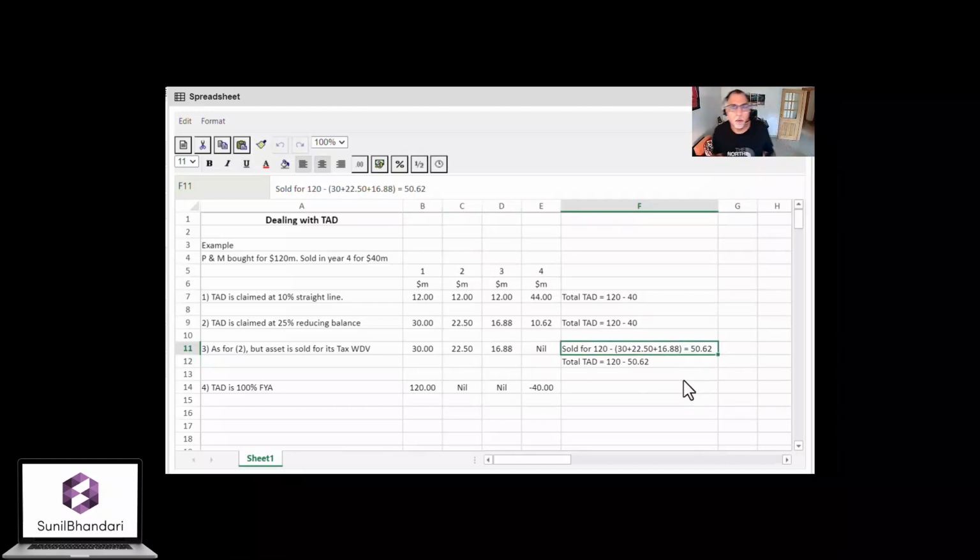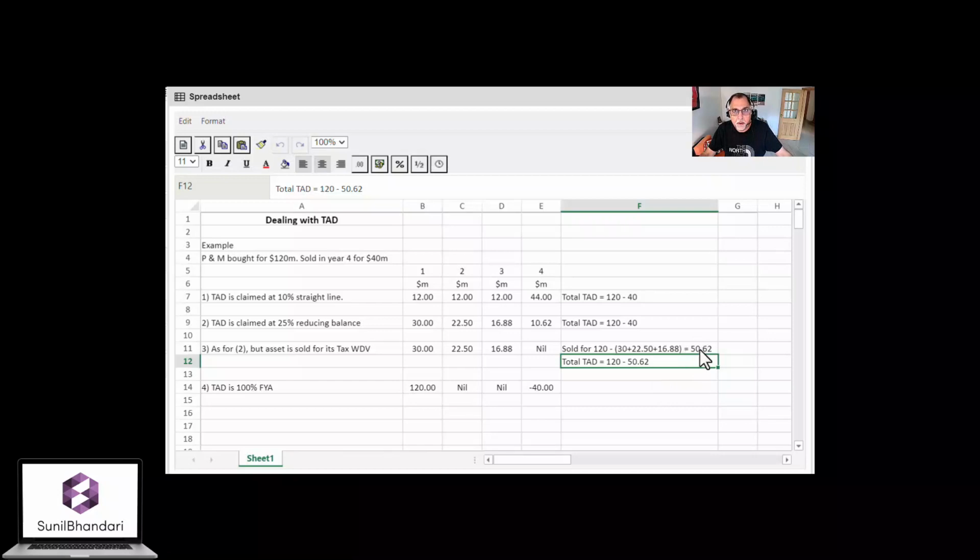It must be sold for what it's worth at the end of year 3. 120 less the 30 less the 2250 less the 16.8 gives you 50.62. So it must be sold for 50.62, which means the total amount of the TAD will be 120 minus 50.62.